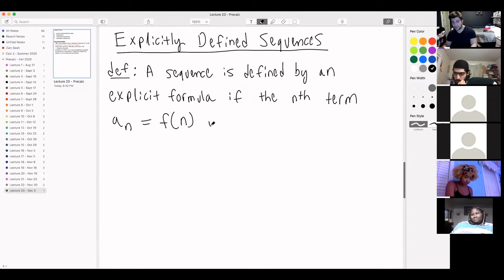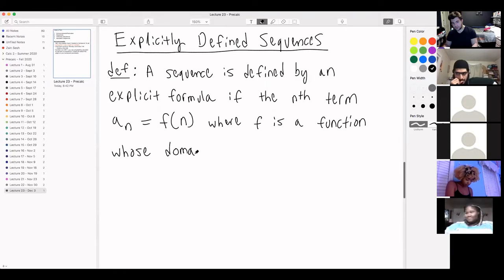And I need to tell you what f is, where f is a function whose domain is the positive whole numbers, whose domain is this set: 1, 2, 3, 4, 5, and so on.